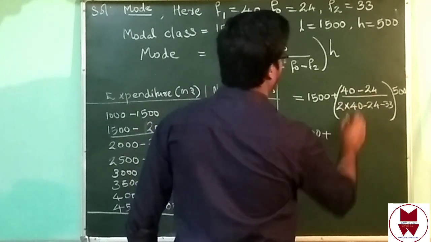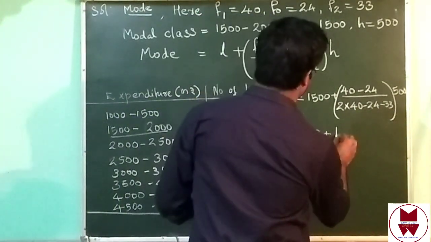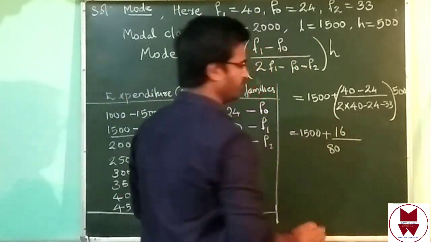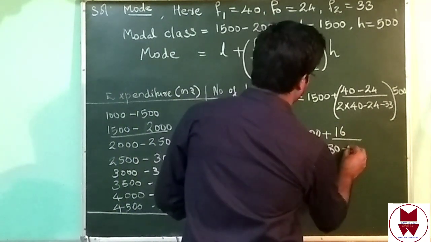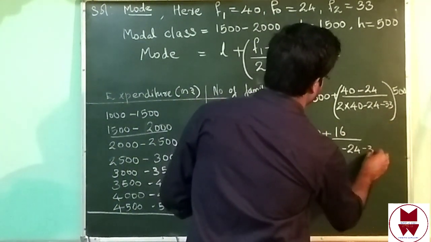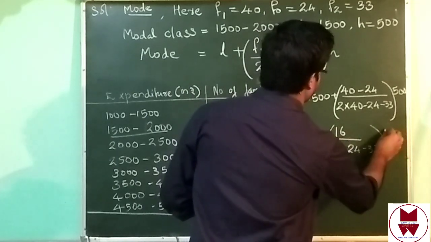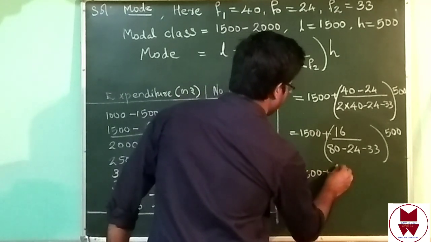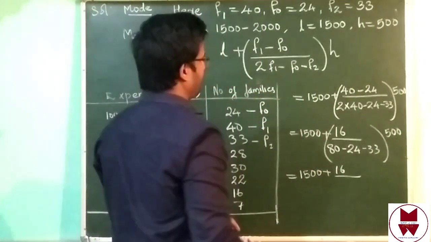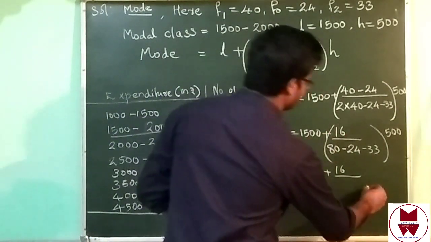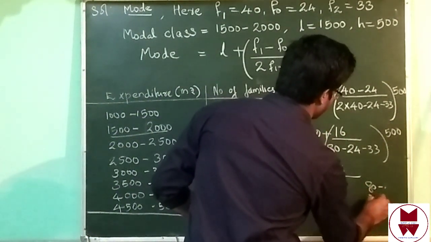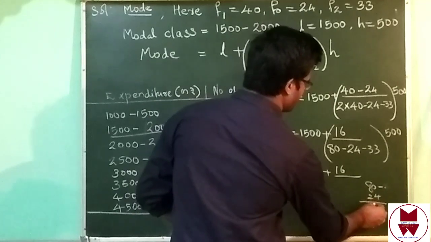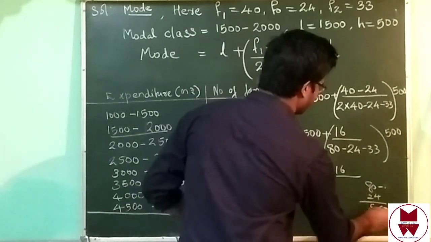1500 plus 40 minus 24, you will get 16, divided by 2 into 40, that will be 80. 2 into 40 is 80. Then minus 24 minus 33, into 500. 1500 plus 16 divided by, we can do 80 minus 24 first, 56. 56 minus, which number again?